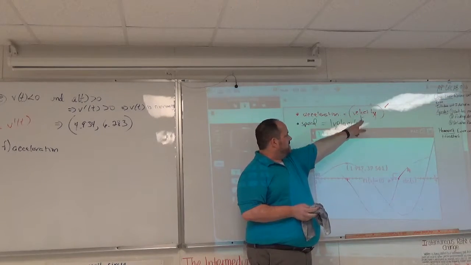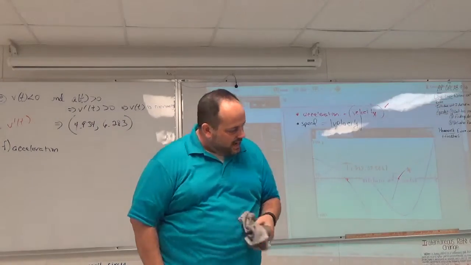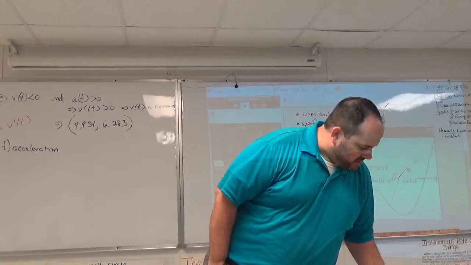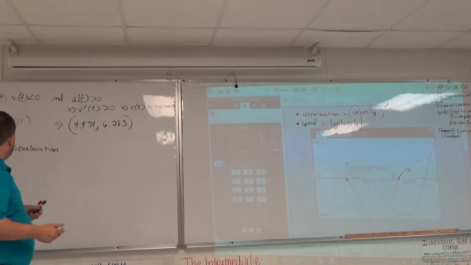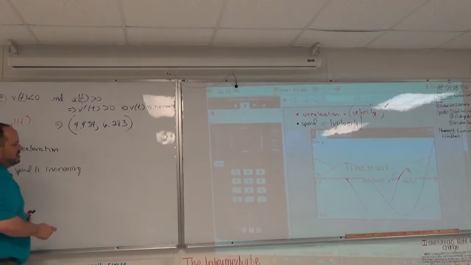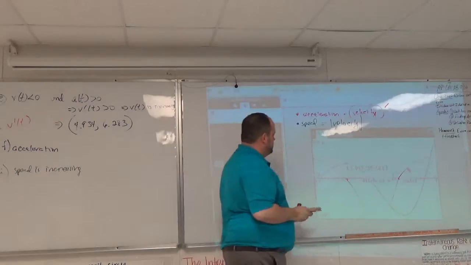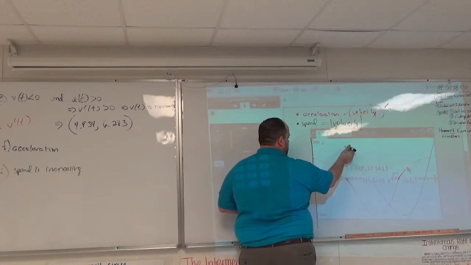Acceleration is the derivative of the velocity. Speed is the absolute value of the velocity. In part I, the question is now using the velocity function, where is speed increasing? You guys have already told me one of the intervals was from 0 to 1.917.